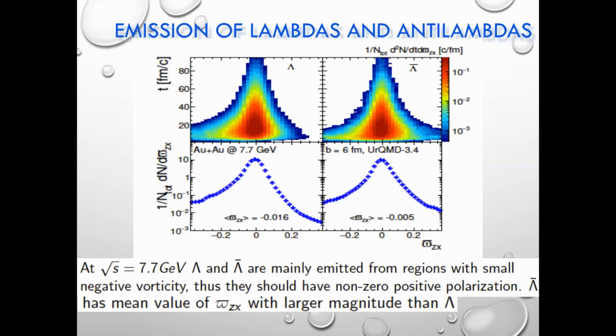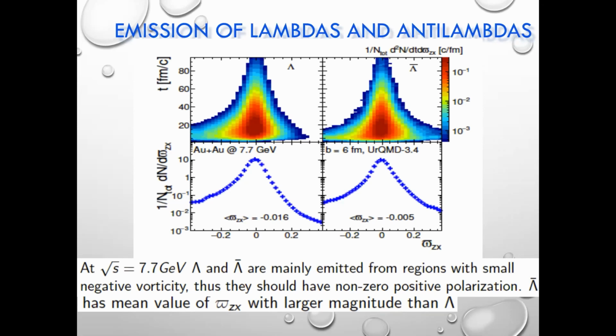Yes, so here are two examples of the distribution function of lambdas and lambda bars, and you see that these dark red points on the upper two plots show the regions of maximum lambda and lambda bar emission.